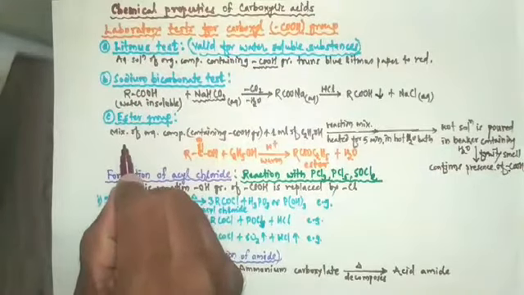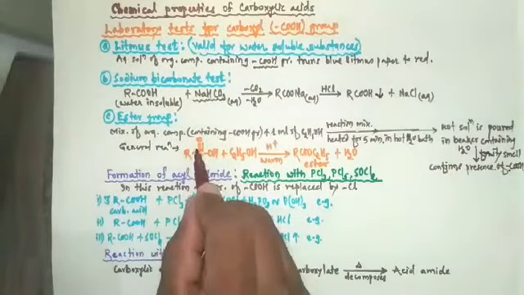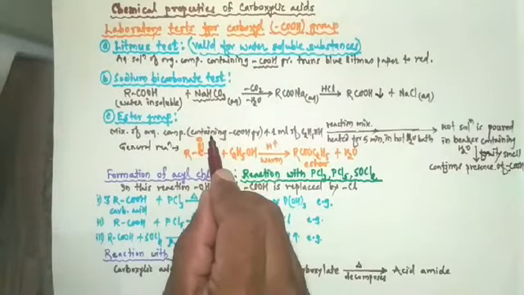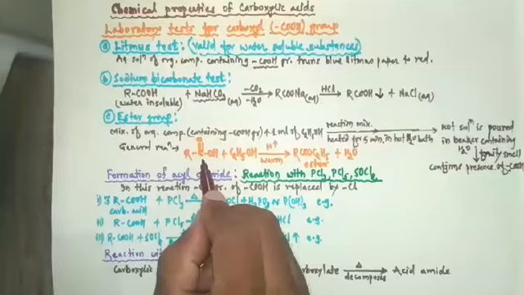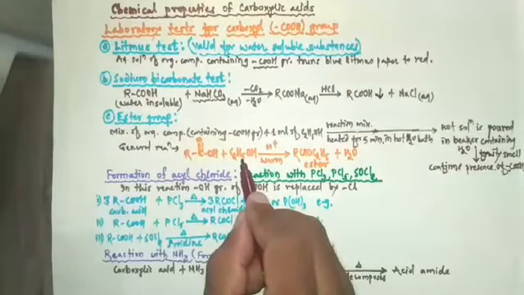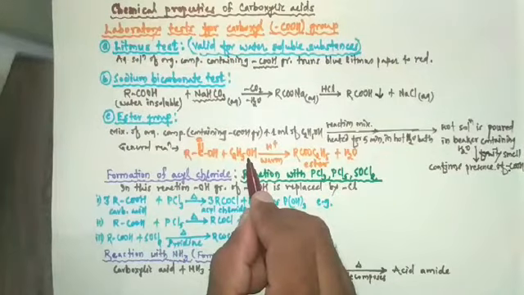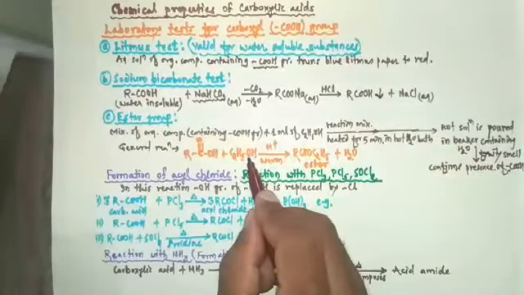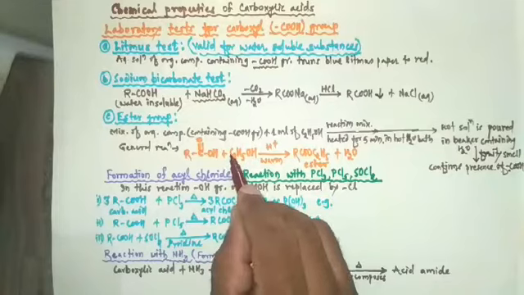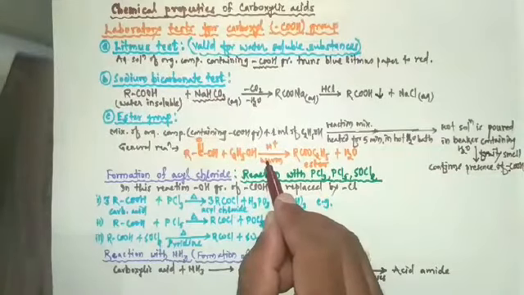The general reaction can be represented as follows. An organic compound containing a carboxyl group, that is a carboxylic acid, is reacted with ethyl alcohol. Then this reaction mixture is heated in a water bath.